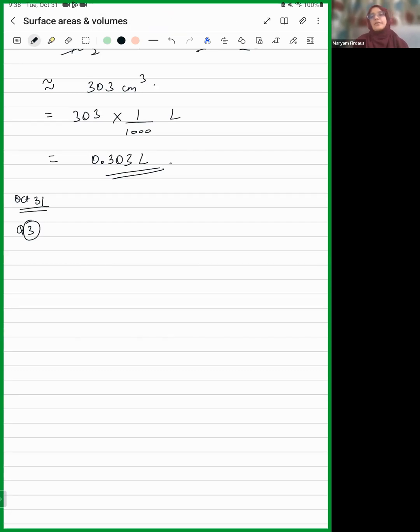The last exercise of surface areas and volumes. Exercise 13.8. Yes. Okay.